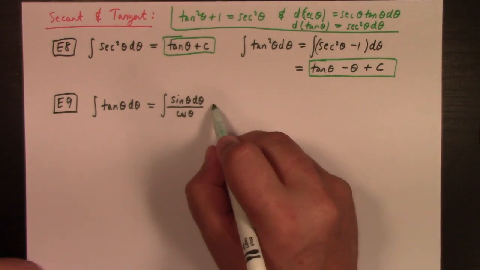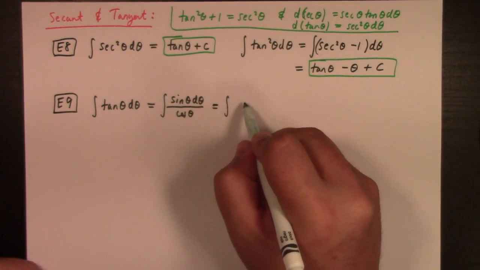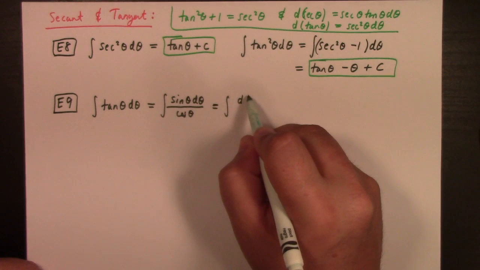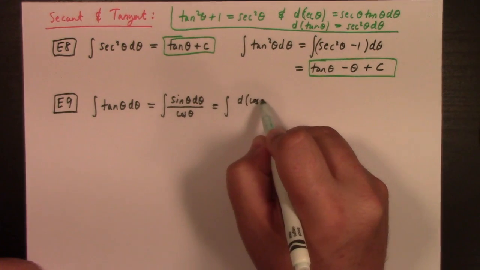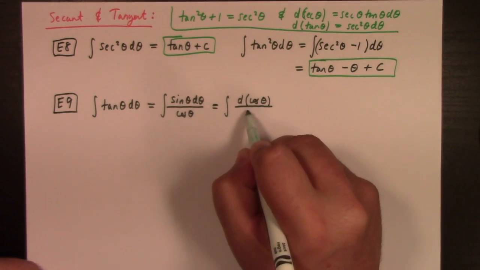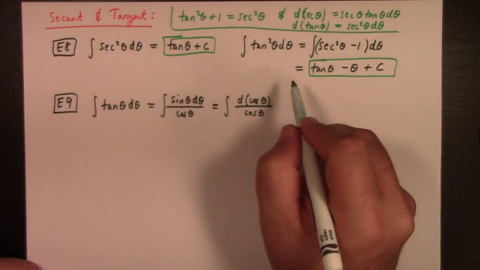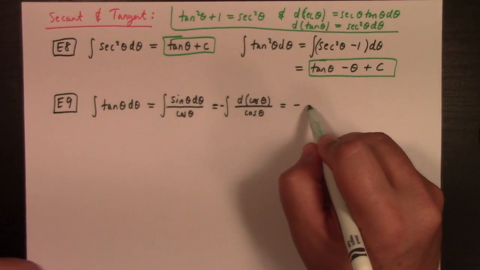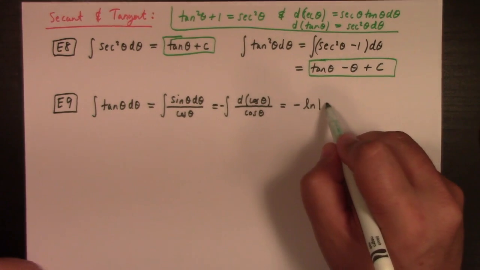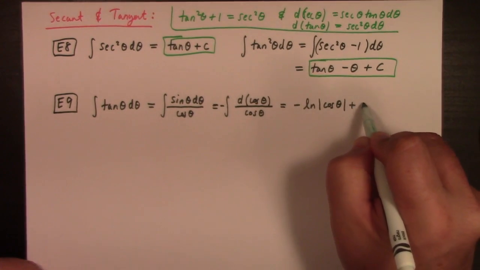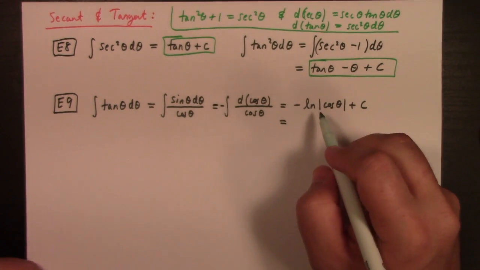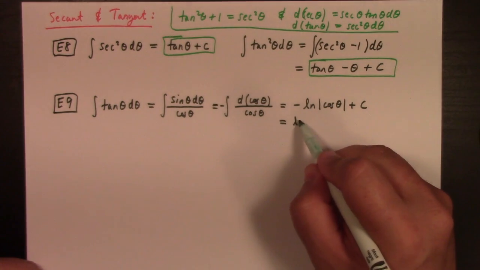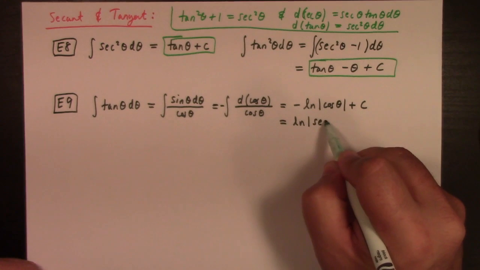Well, that's nothing more than the integral of d of cosine theta over cosine theta, except the derivative of cosine theta is minus sine theta d theta. I could put a minus out here, but yeah, there you go. Minus the natural log of the absolute value of cosine theta plus a constant, or as you often see it, the natural log of the absolute value of secant theta.